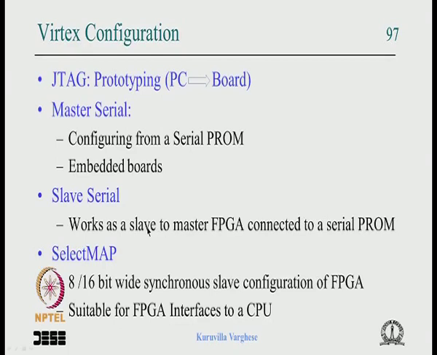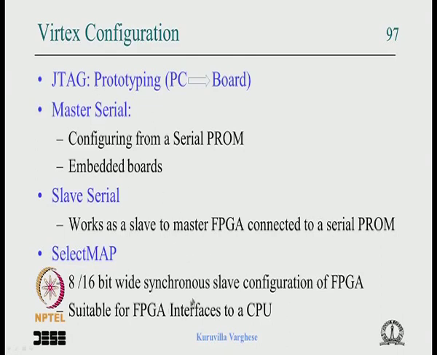It is not that the PROM gives the clock, but you can think of a serial mode where the FPGAs are cascaded. So one FPGA acts as a master, clocking the PROM and also clocking the slave FPGA. That is why slave serial is used, and these are all serial modes which are slow.